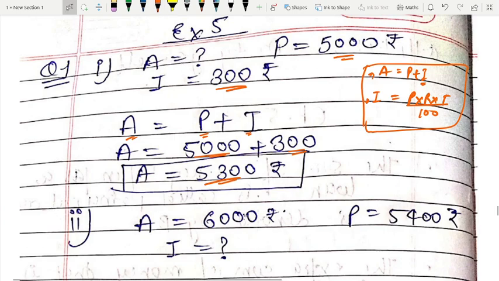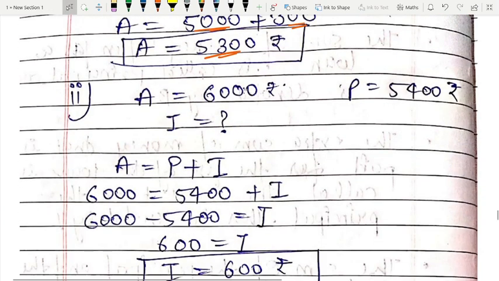In the second question, amount is given, principal is given, and interest we need to find out. For these three variables A, P and I, which formula do we have? You just recall the formula.